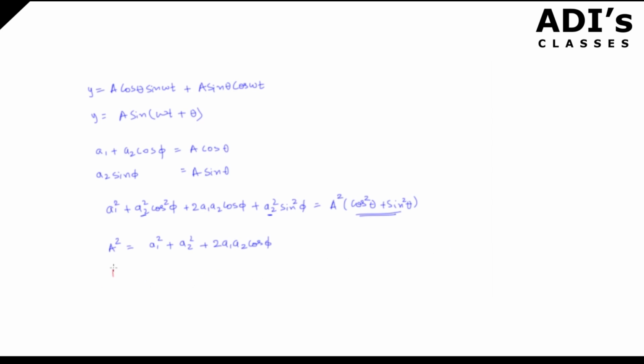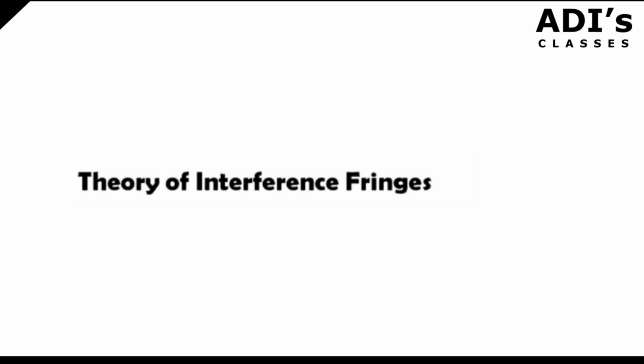Now square and add them because we need the value of A. So if you square and add them, you'll get A1 square plus A2 square cos square phi plus 2A1 A2 cos phi plus A2 square sin square phi is equal to A square into cos square theta plus sin square theta. Anyway, this value becomes 1.